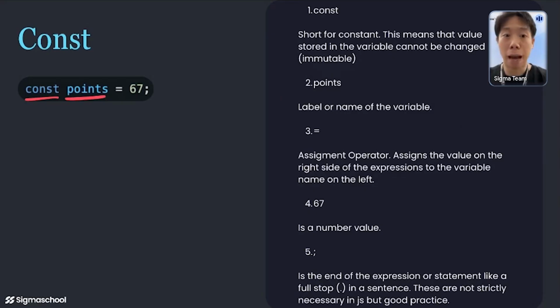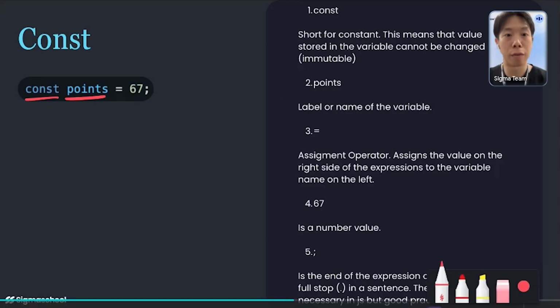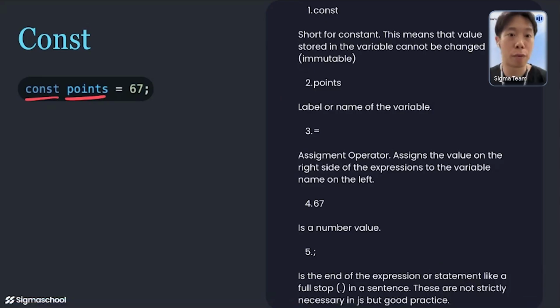It's not like math where 2 plus 2 equals this; it's mainly to assign the value. It assigns the value on the right side, the 67, which is the expression, to the name on the left, points. And 67 is basically a number value. There are different types of values as well, but we won't touch on that today.